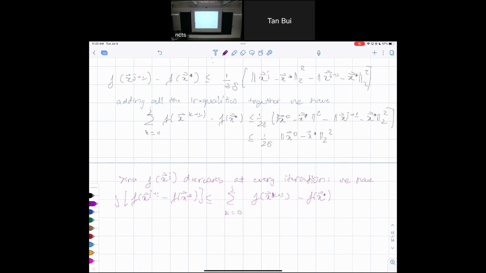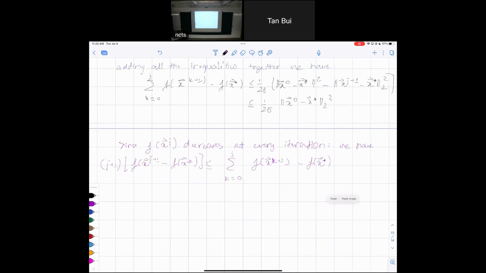Now I simply combine these two together. What I have is j plus 1 times f of xj plus 1 minus f of x star less than or equal to 1 over 2 delta times the norm of x0 minus x star.